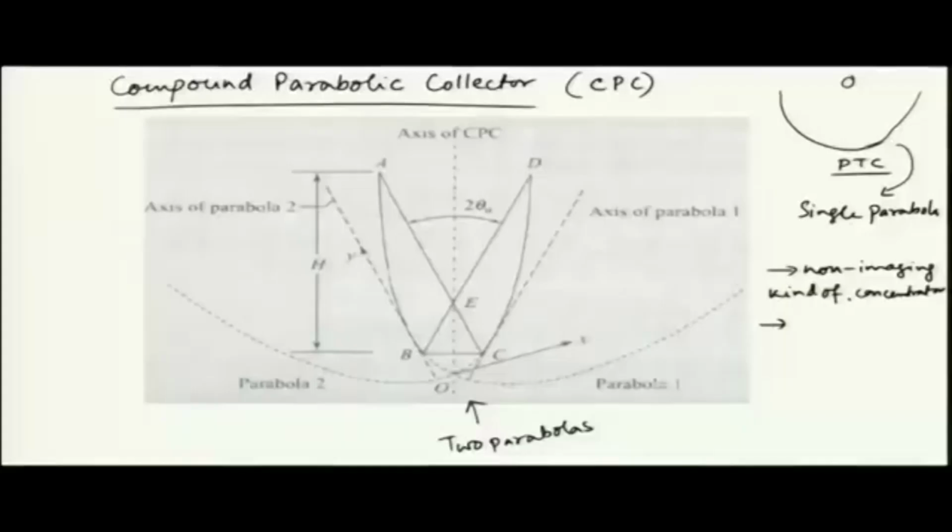So, this one is non-imaging, this one is again 2D, okay, because you are not focusing on a line, but you are focusing on a plane rather, okay, or rather it is not a point focusing thing, it is a line or plane focusing thing. So, it is a 2D geometry, a 2D concentrator, and the third classification we looked at is the reflector based, right. It is not a refractor based, but it is a reflector based concentrator.